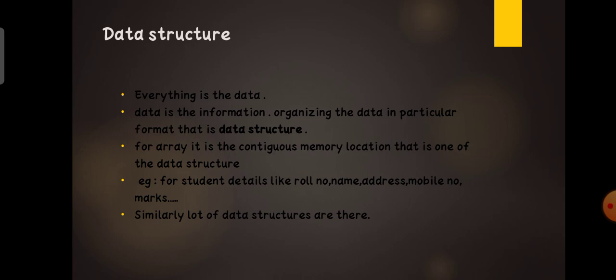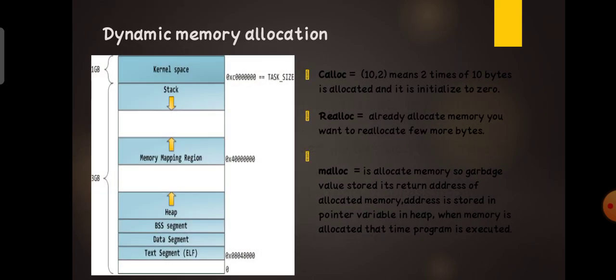Similarly, a lot of data structures are there. Next is dynamic memory allocation. Dynamic memory allocation allocates memory. Consider the difference between stack and heap. Both allocate the same bytes of memory, but the only difference is where you want to store it.